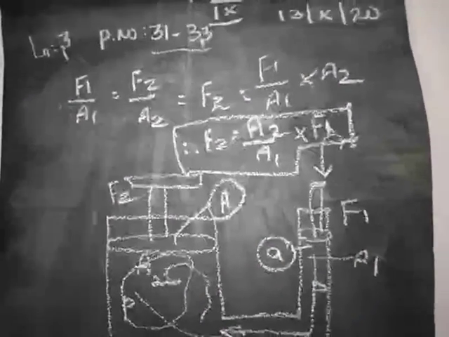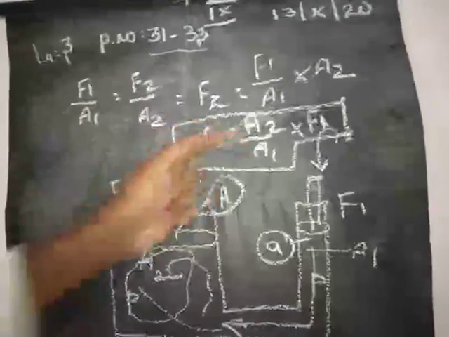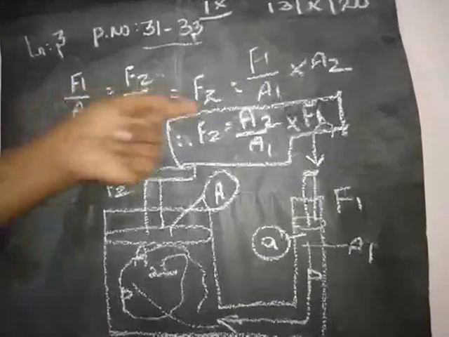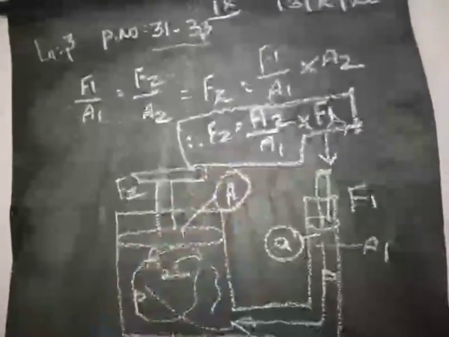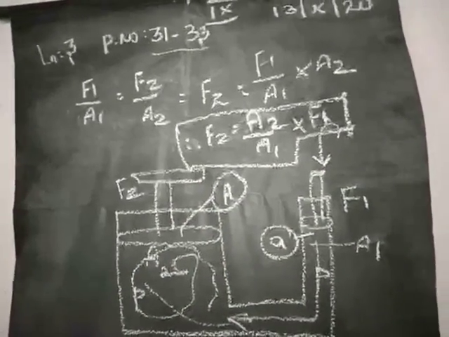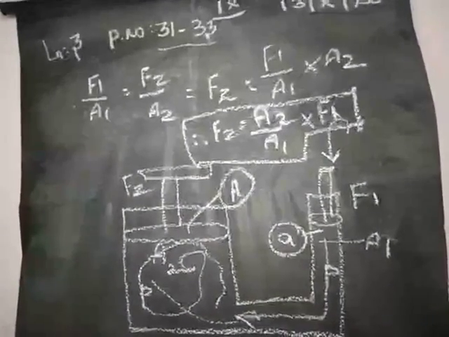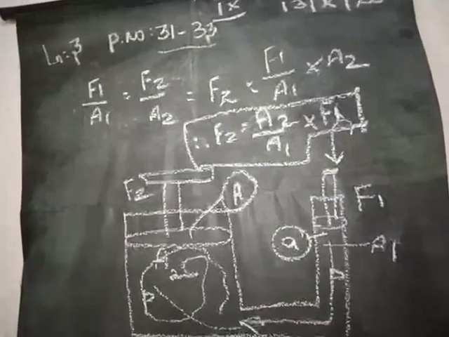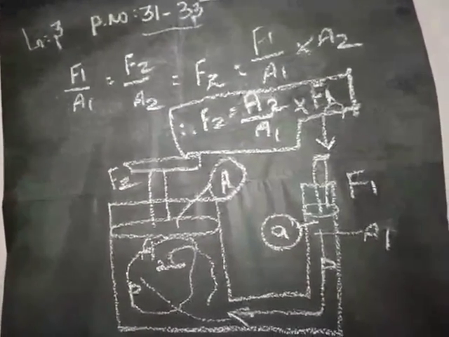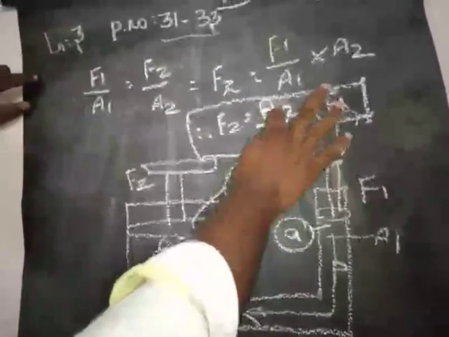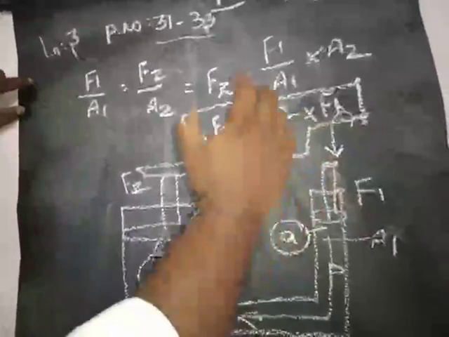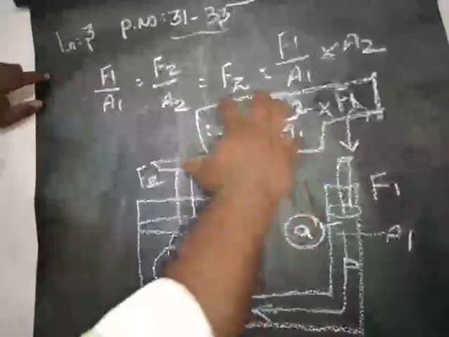If the ratio A2 divided by A1 is greater than 1, the force F2 acting on the large piston is greater than the force F1 acting on the small piston. So the value A2 divided by A1 is greater than 1. What is the meaning?